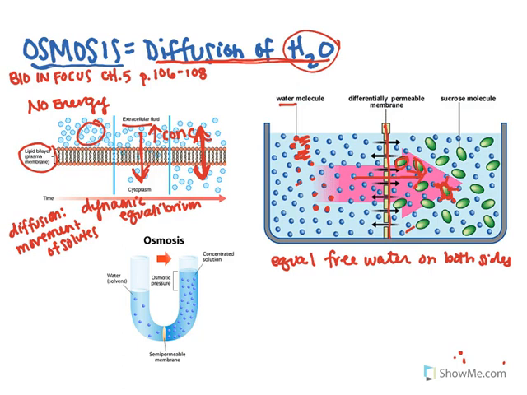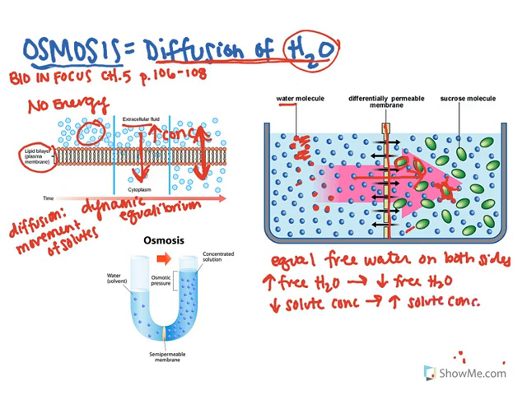So water in osmosis is moving from high free water to low free water. Or another way of saying this, it's moving from a low solute concentration to an area of high solute concentration.